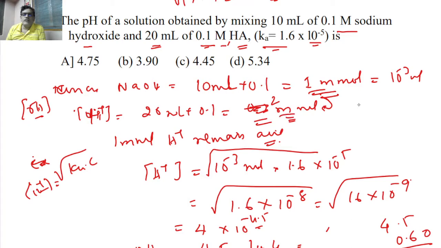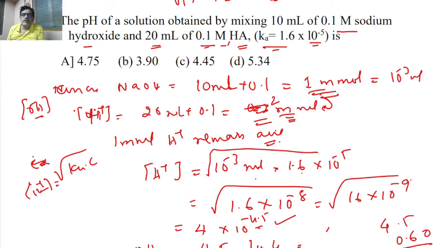So 1 millimole will be neutralized and another 1 millimole of H plus will remain as such. Then we calculate the H plus actually undergoing dissociation, which will be square root of Ka into C. So then we get this much. The pH will be the negative logarithm of this value. After calculating you get the pH as 3.9.